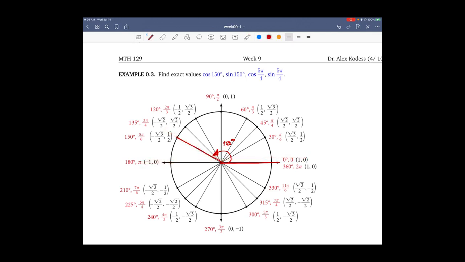So that's 30 degrees, and that'll be our reference angle. And of course, we're going to be relating cosine and sine of 150 degrees to cosine and sine of 30 degrees.